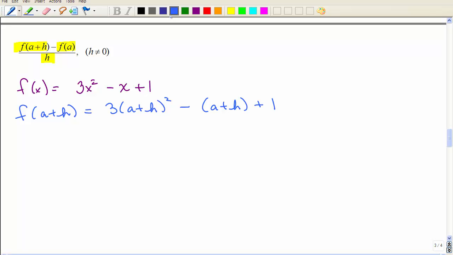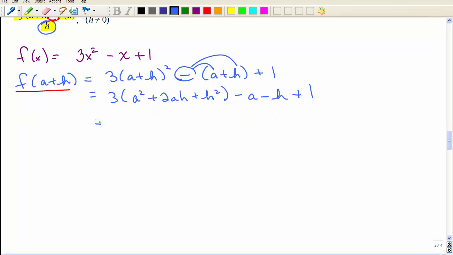Order of operations, I need to square this out first. Then I need to be very careful and distribute that minus sign. Now we need to distribute the 3. So that is f of a plus h.